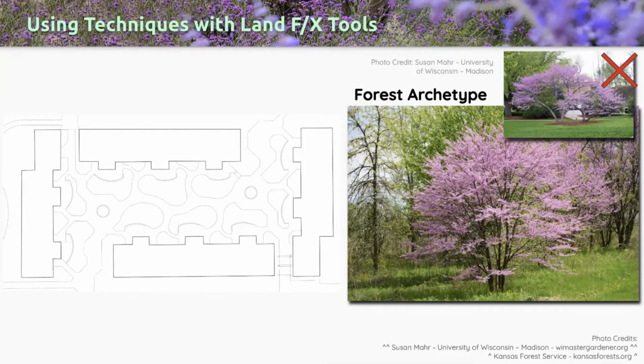I found this, and this might be the thing that I want to emulate. It's Cercis canadensis, eastern redbud. It goes by many names. But I took this snapshot. This is the kind of natural environment I want to use to inspire my design. That's what I want to do.